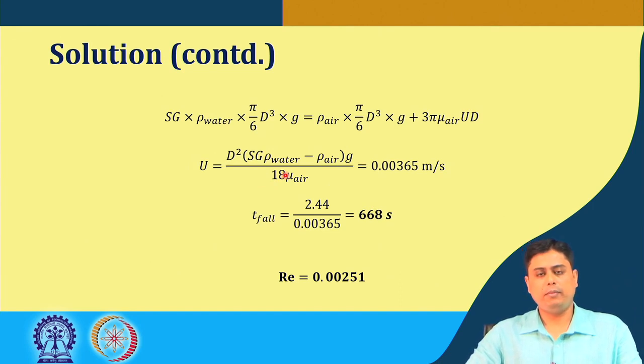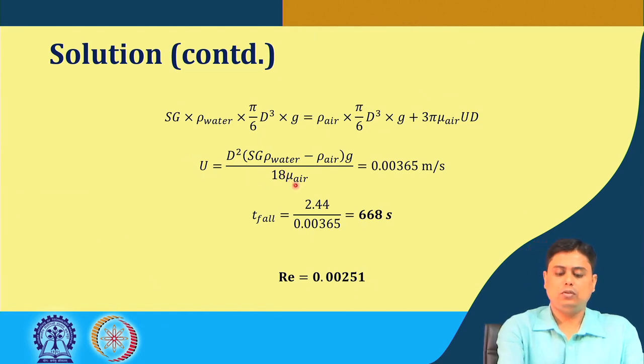If you remember, I mentioned that this terminal velocity is when the particle attains a constant velocity after its initial acceleration while falling through a stagnant medium. So, this is the expression of u, terminal velocity, and then after replacing these numerics that are given in the problem, we can find out that this is the value of u.